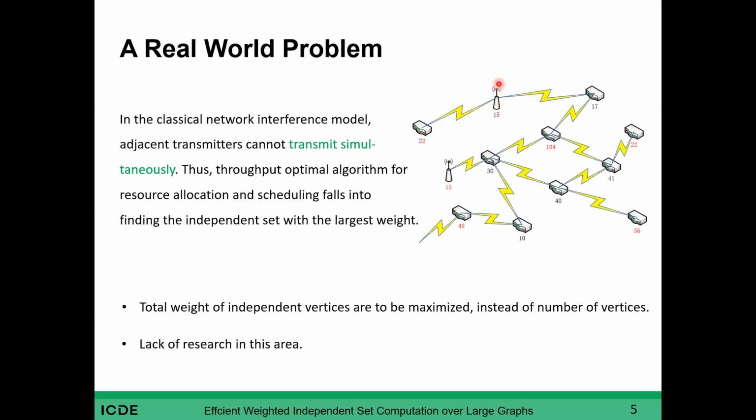This problem falls into finding the independent set with the largest weight instead of the largest cardinality. So this is a weighted and generalized version of the MIS problem. But it is lacking in research compared to the traditional problems, which also accounts for our attention to it.